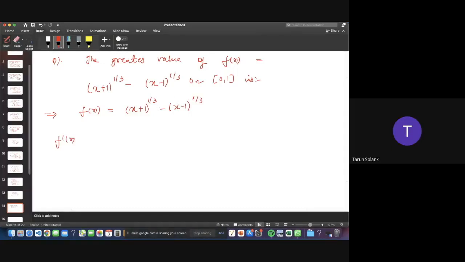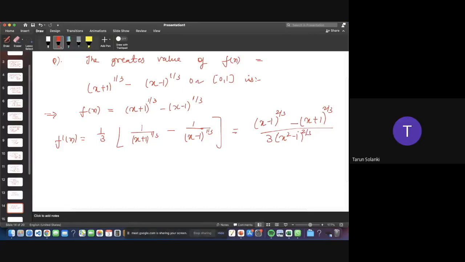So f dash x is equal to 1 by 3 of 1 upon (x plus 1)^(2/3) minus 1 upon (x minus 1)^(2/3). Okay, so we can see (x minus 1)^(2/3) minus (x plus 1)^(2/3), whole divided by 3 of (x square minus 1)^(2/3), right?